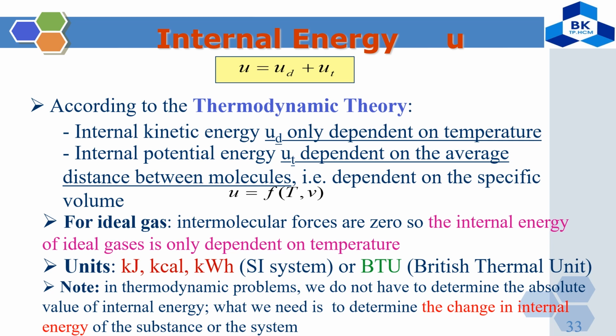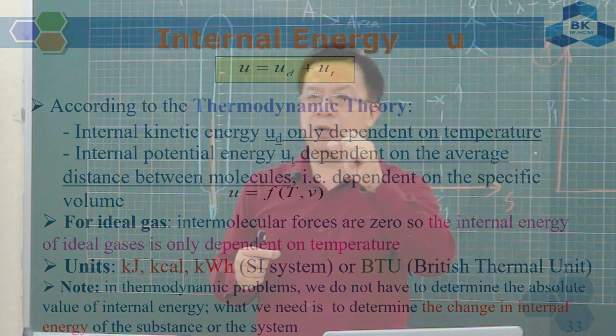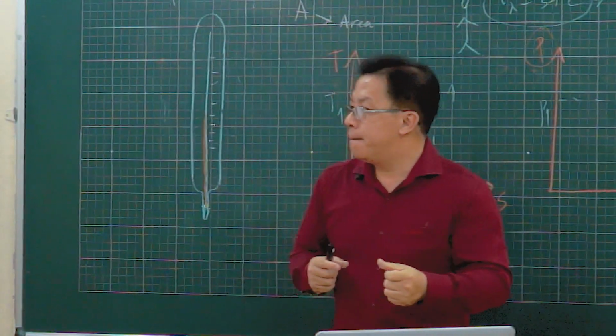All right. But for the ideal gas, you know that the ideal gas is defined as the gas in which the particles inside have a very small volume, negligible, and we can ignore it.